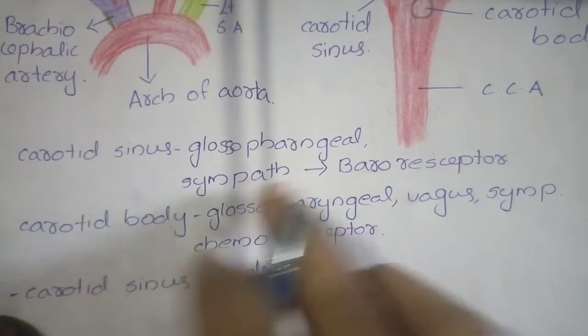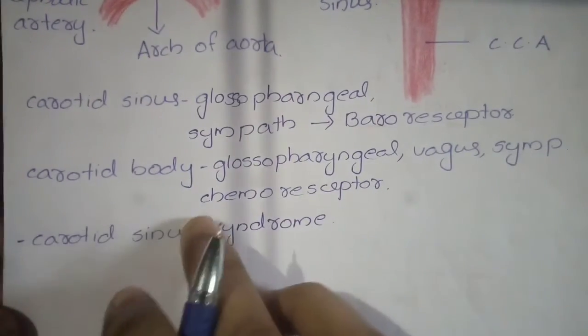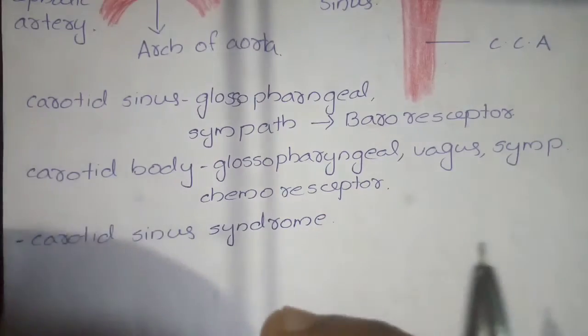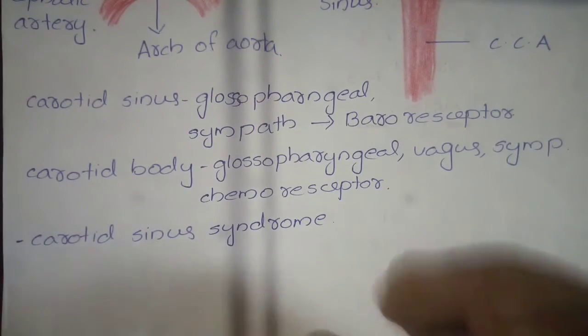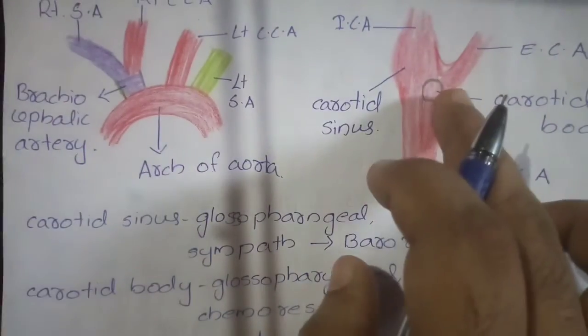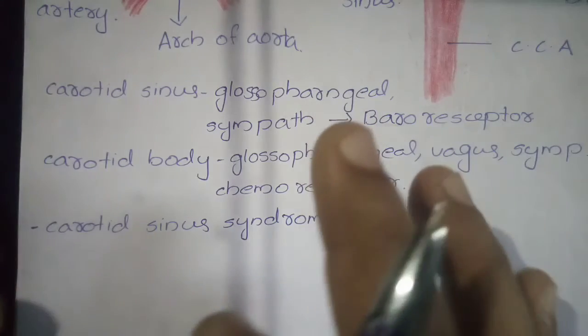It has glossopharyngeal and sympathetic innervation and acts as a baroreceptor. The carotid body is innervated by the glossopharyngeal, vagus and sympathetic nerves and acts as a chemoreceptor. It is an oval, small, reddish brown structure present behind the bifurcation of the common carotid artery, at the position shown here. So all these are for the common carotid artery.